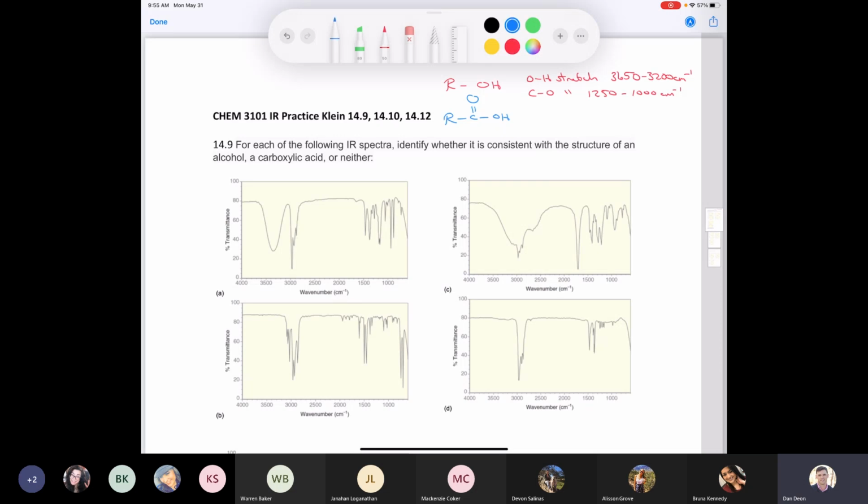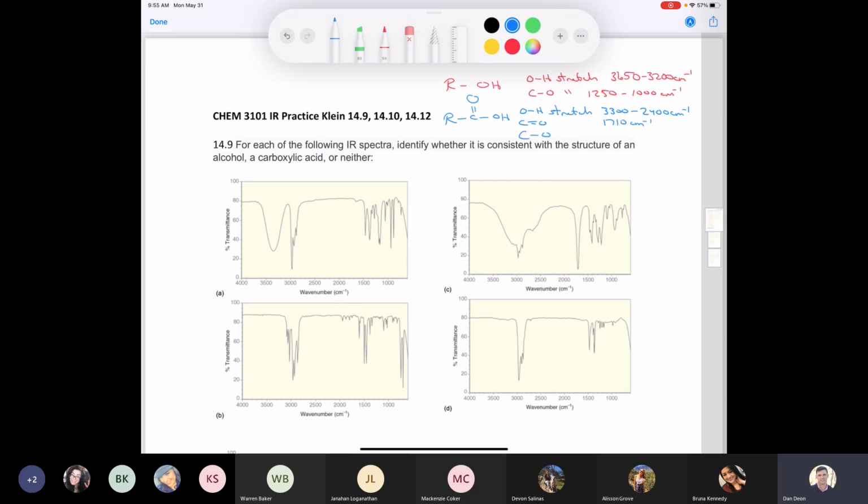For the carboxylic acid, there are a few more things we could look for. We're going to look for a really broad oxygen-hydrogen stretch that can range all the way from 3,300 to 2,400 reciprocal centimeters. We saw that the carbonyl is going to be around 1710 reciprocal centimeters.